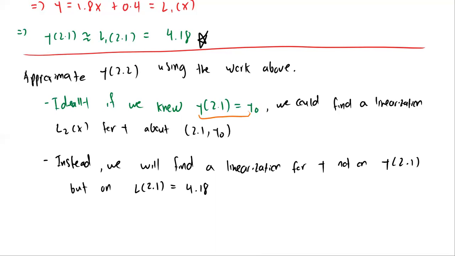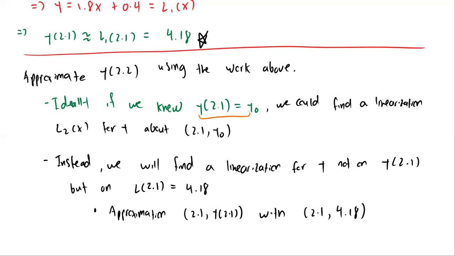In other words, we're approximating (2.1, y of 2.1), whatever that is, with (2.1, 4.18), the approximate value we got from the first linearization.